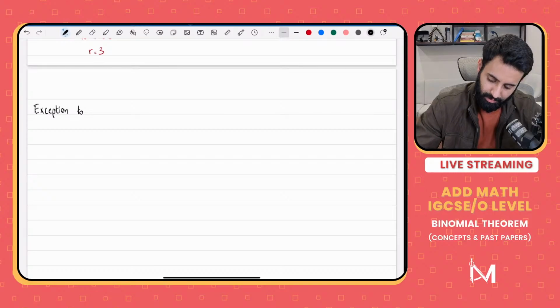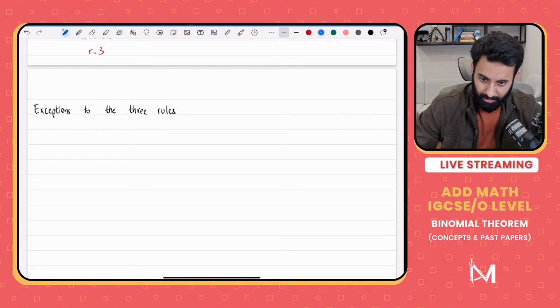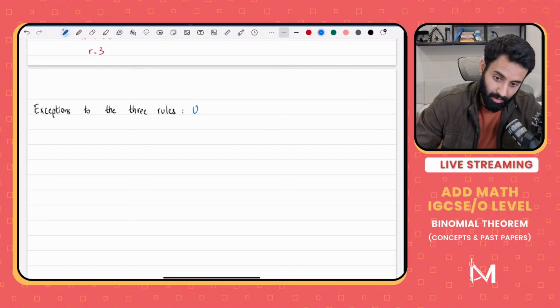Exception to the three rules. What's the formula that we use? Anyone? The formula that we use in that case is common sense. That's correct. Use your common sense.